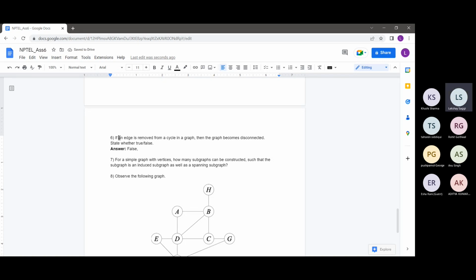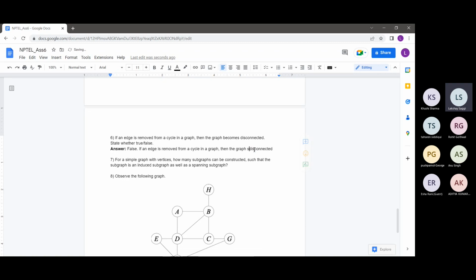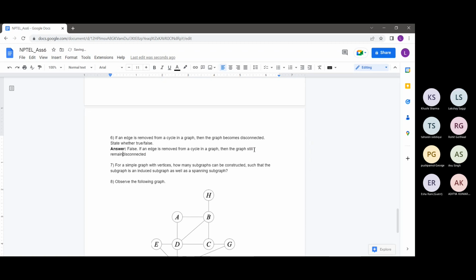And I'll just type out the correct statement: if an edge is removed from a cycle in the graph, then the graph still remains connected. Also, we are assuming that the graph was initially connected.